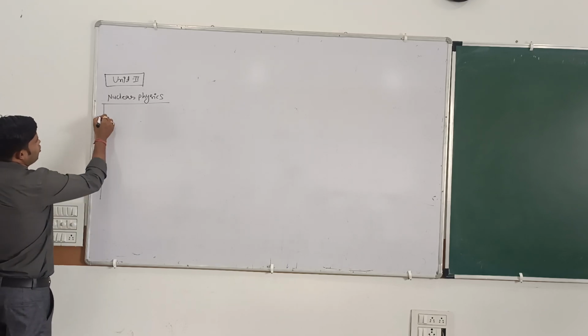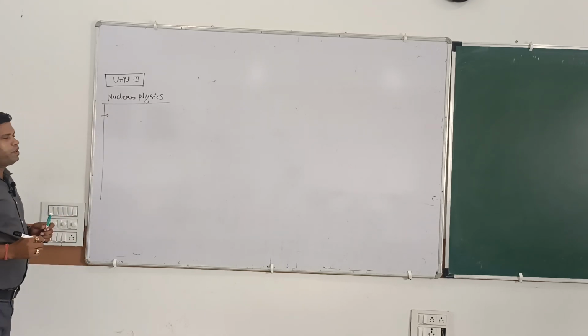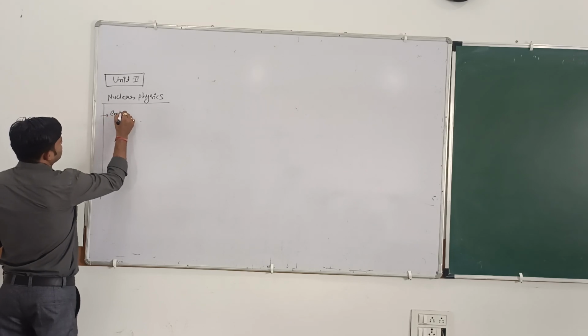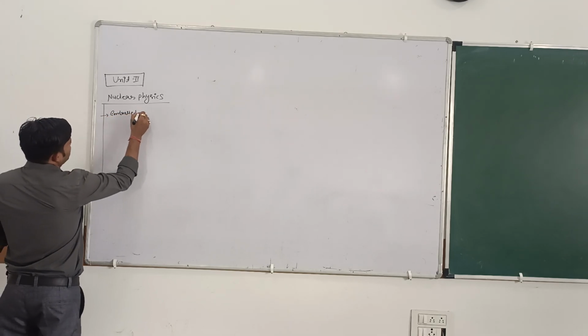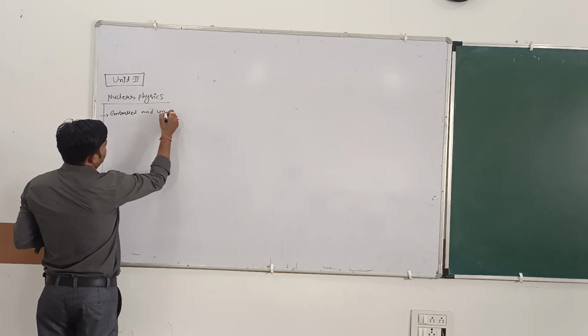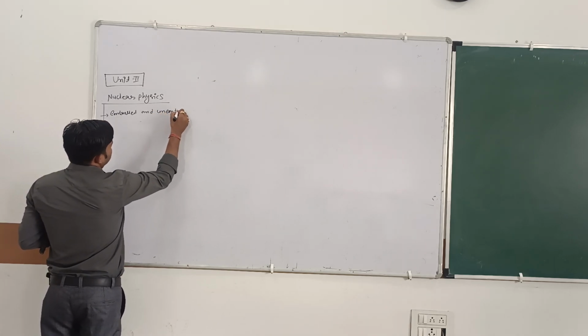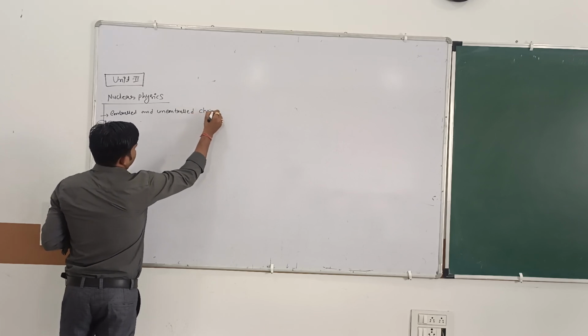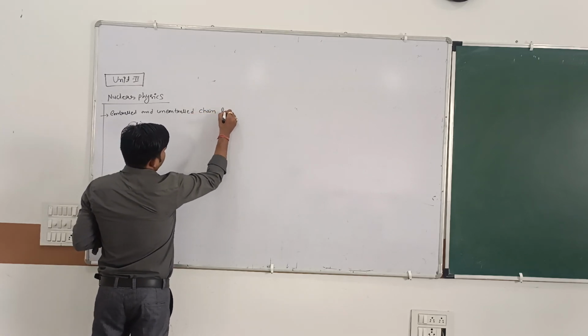So in this unit, how many topics do we learn? First point is controlled and uncontrolled chain reaction.